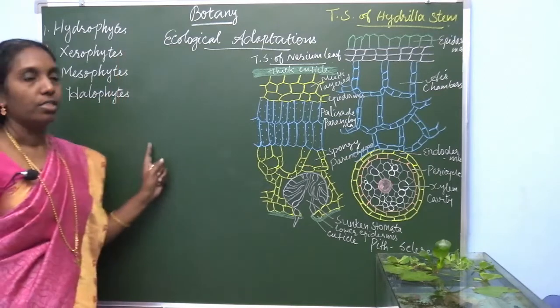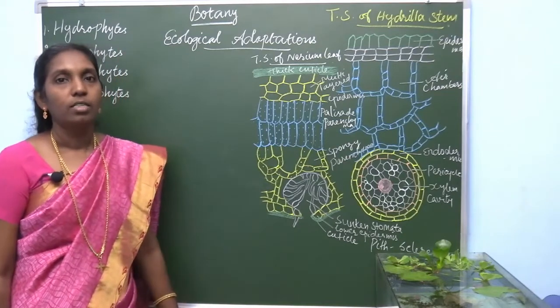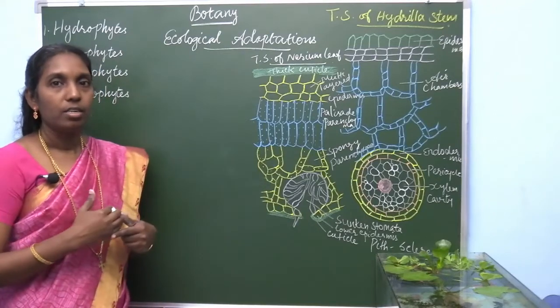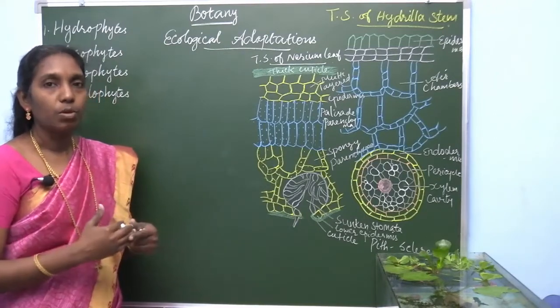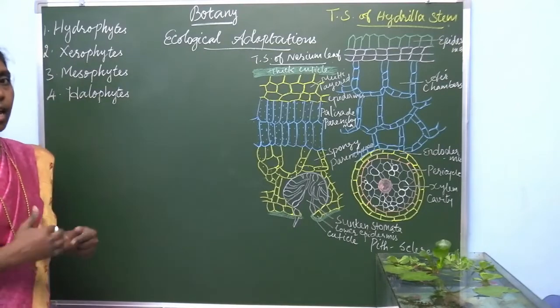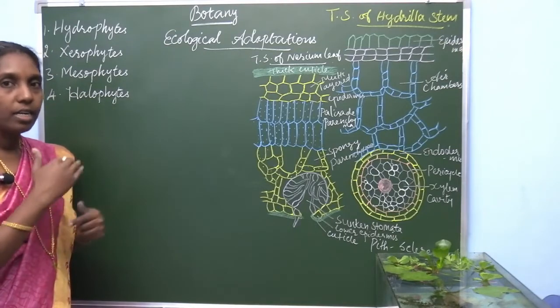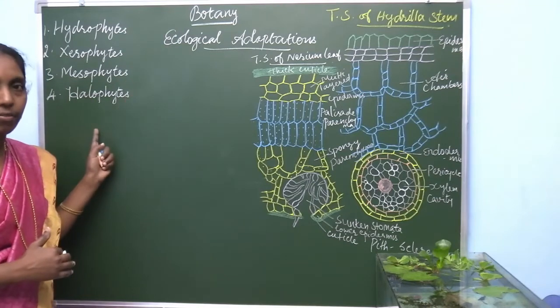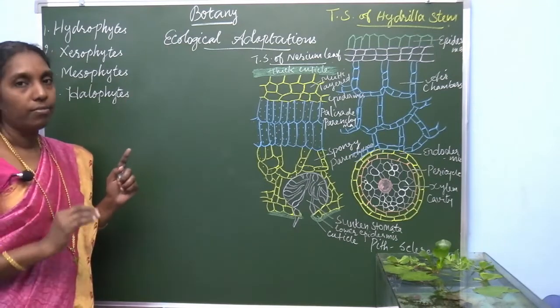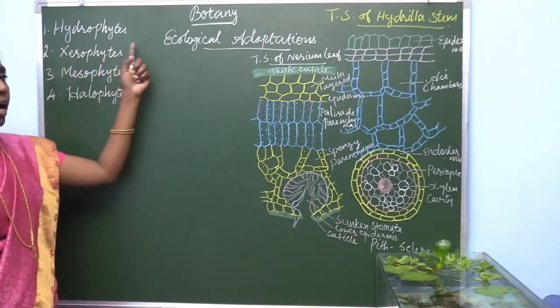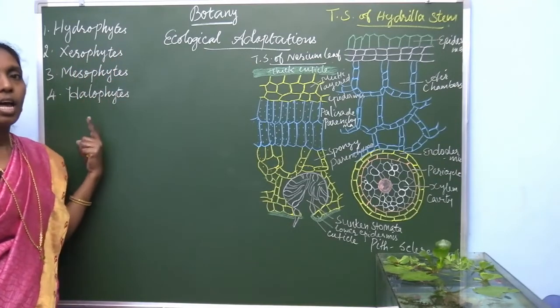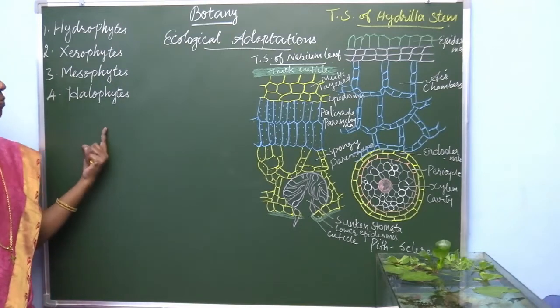This classification is based on the organism's habitat and the corresponding adaptations. These organisms are classified into 4 different categories: hydrophytes, xerophiles, mesophiles, and halophytes.